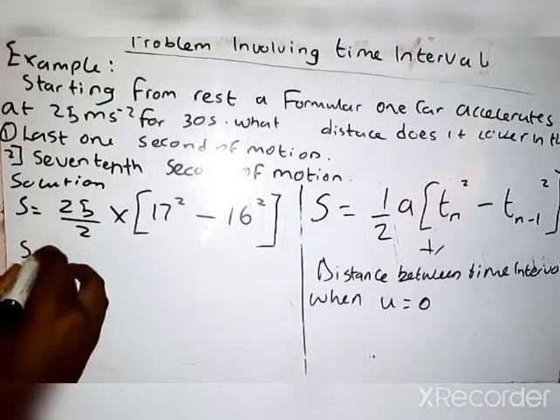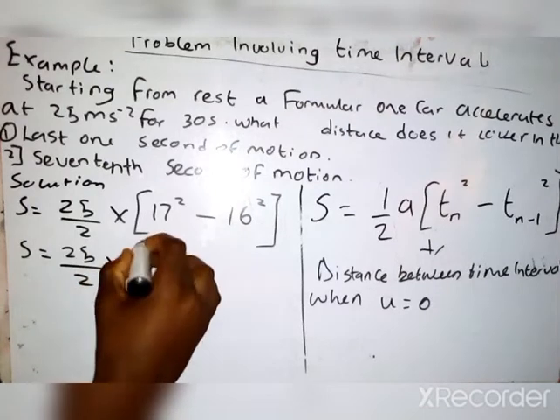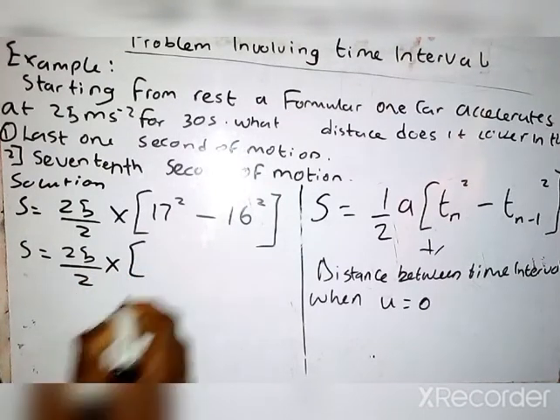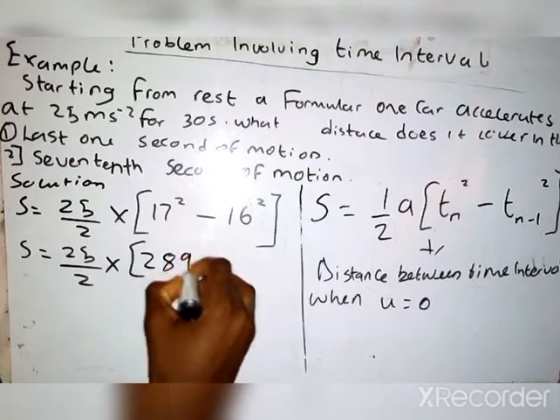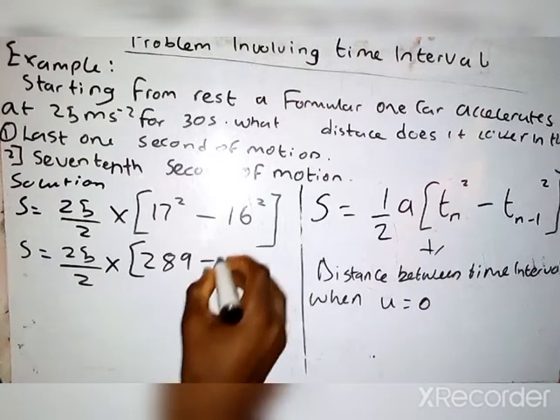So now our s will be equal to 25 over 2 times 17 square, we have 289, minus 16 square, which is 256.